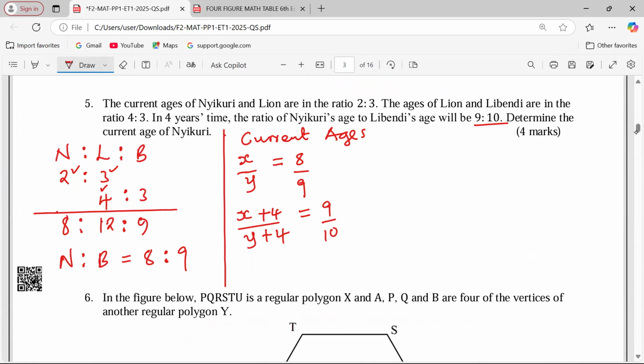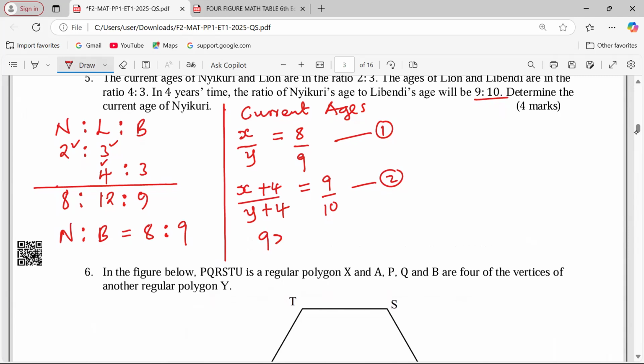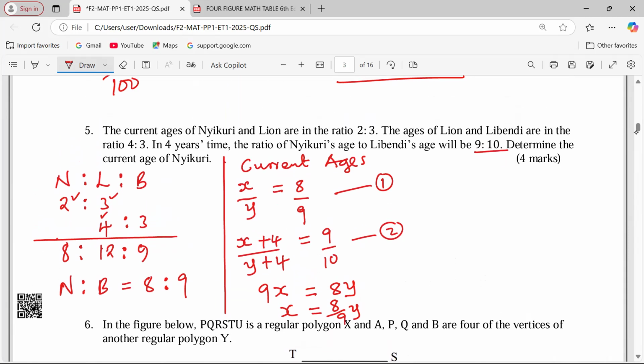So this we can call the first expression, the second expression. And solving this now, we will be in a position to find the current age of Nyikuri, which is the value of X. So from the first expression, we can say that 9X is equivalent to 8Y, or simply X equals 8/9Y.